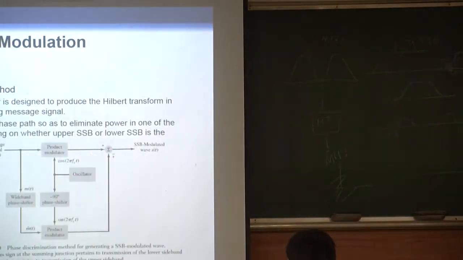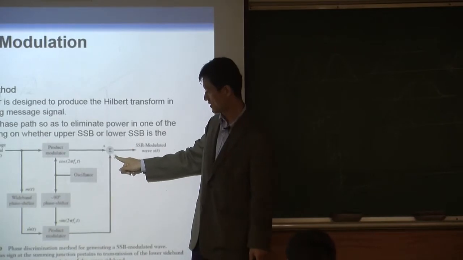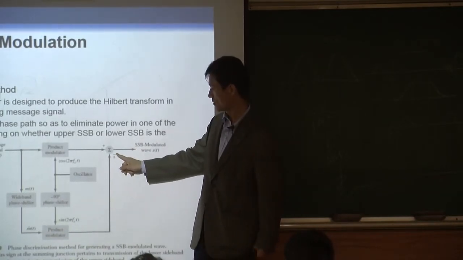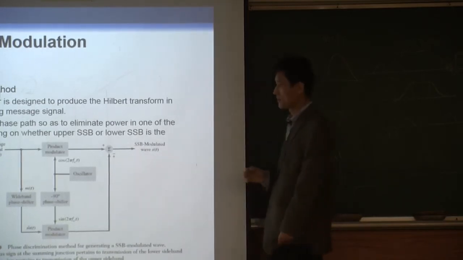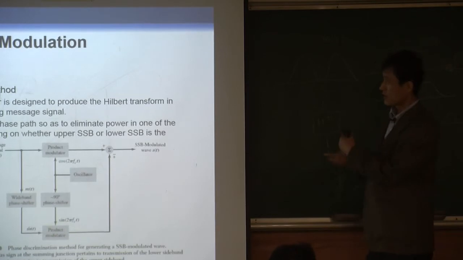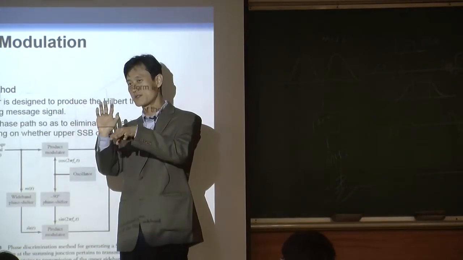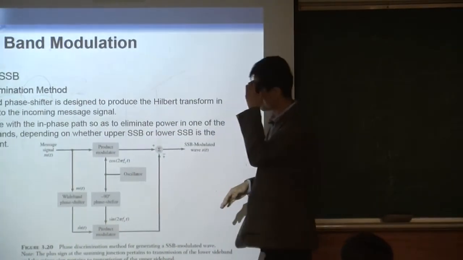So when you look at here, if you do minus, then you're going to get the upper sideband. When you do plus, the lower sideband. That's the output. We call this phase discrimination because you are changing the phase. You are discriminating phase. So that's why we call it the phase discrimination method.